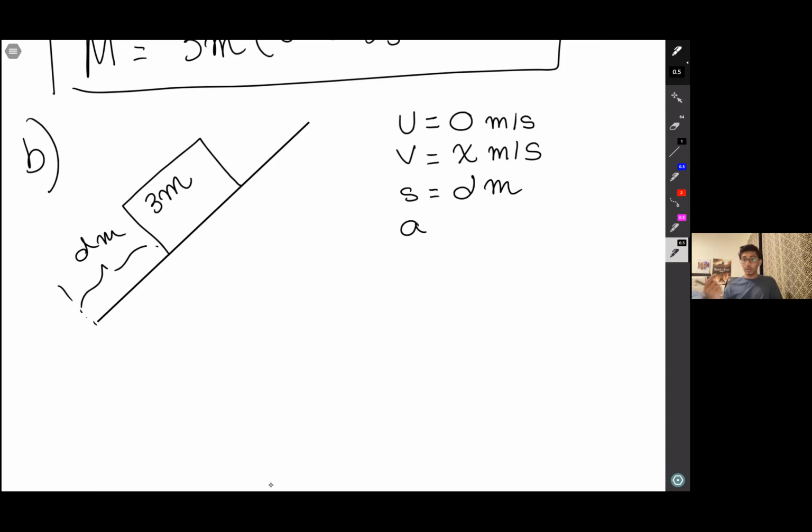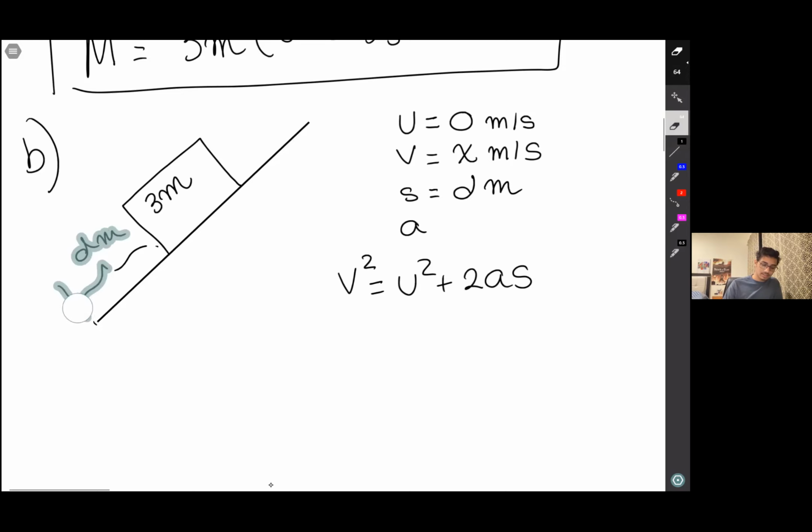And then after that, we can connect all these without even having to use time, because that's not given to us, with the formula v squared is equal to u squared plus 2as. If that sounds unfamiliar, I suggest revising your kinematics, because this is one of the 5 basic SUVAT laws in kinematics. All right, so I'm just going to erase the d meters over here, so I give myself more space.